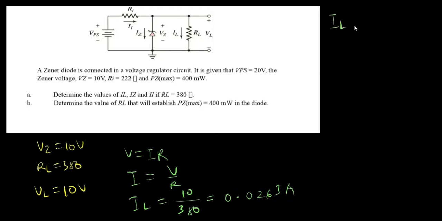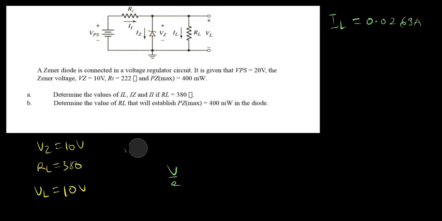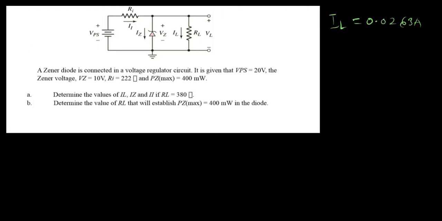So I can write my load current here, which is 0.0263 ampere. Okay, so now let's look at the one that we can find easily again. Looking at the question, we've been given the resistance on this side, so that's Ri equals 222 ohms, and you know current will be equal to the voltage over the resistance.